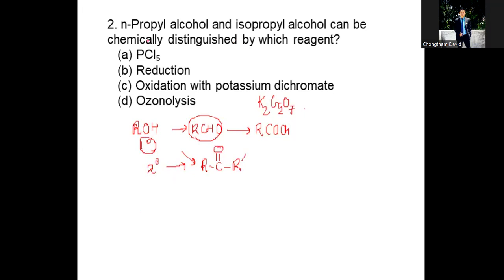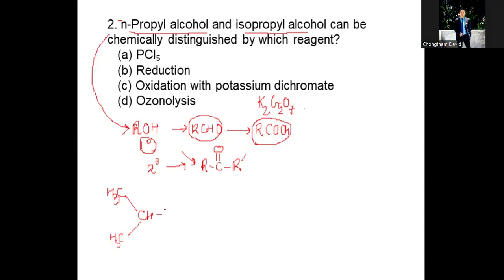The question gives you N-propyl alcohol and isopropyl alcohol. Remember, this N-propyl alcohol is your primary alcohol, so it will change to aldehyde and then to carboxylic acid. Whereas isopropyl alcohol, if you draw its structure, it will be like this, because this is your secondary carbon.